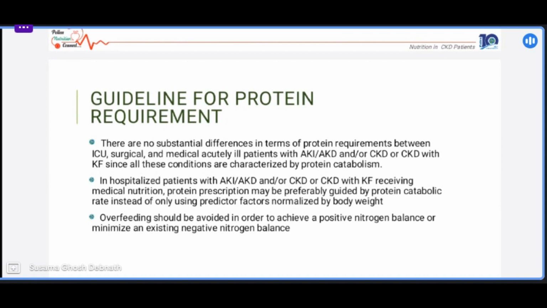Protein recommendation is something different. If the patient is getting dialysis, then a high protein diet will be there. And if the patient is not getting dialysis, then it should be low protein. Now how much is high protein and how much is low protein? High protein should be 1.2 to 1.5 gram protein per kg body weight per day.